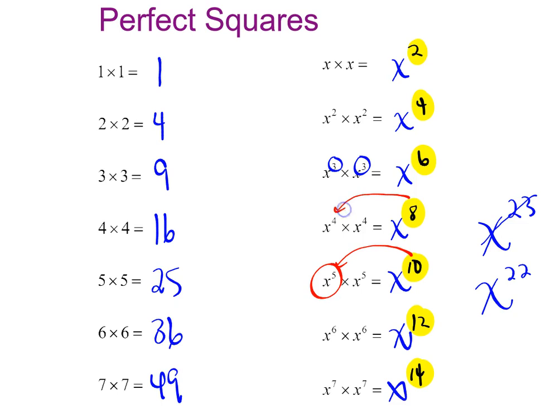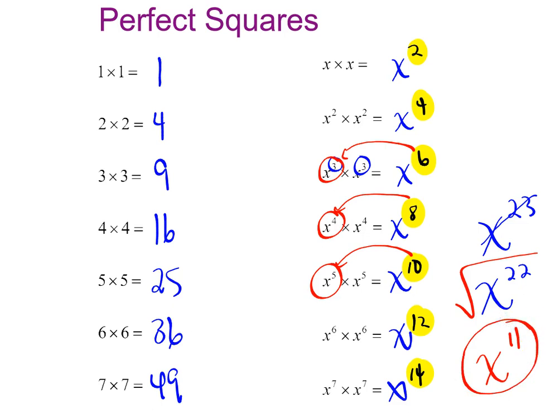The square root of x to the 8th is x to the 4th, and the square root of x to the 6th is x to the 3rd. So the square root of a variable is that same variable with half as much exponent. So the square root of x to the 22nd is x to the 11th, because we know x to the 11th times x to the 11th would give us x to the 22nd.